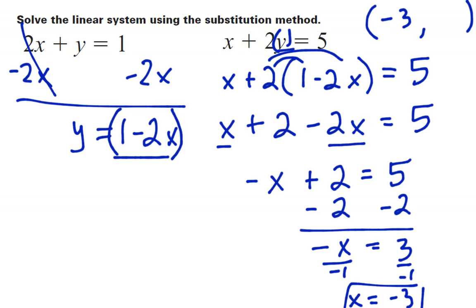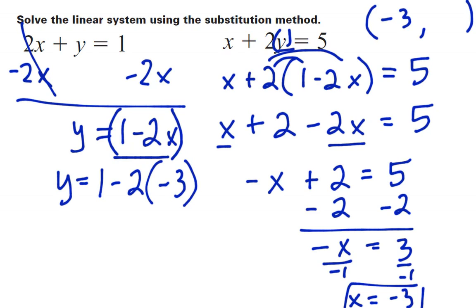I should now go back and figure out what is the y coordinate for the solution. Well, I've already got an equation right here that's solved for y, except it has another variable in it. But I now know the value of that variable, so I'll replace x with what I know its value is for the solution, which I just figured out was negative 3.